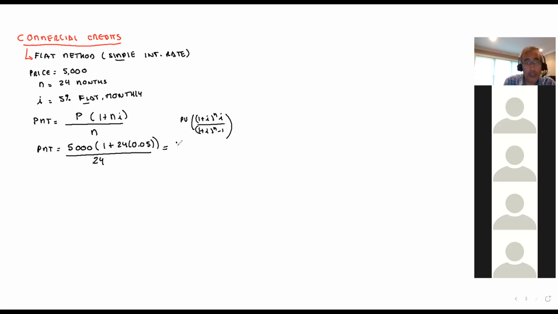I get 11,000, and then I divide this by 24, and this is going to be equal to 458.33. Got it? So that's what you're going to be paying monthly.